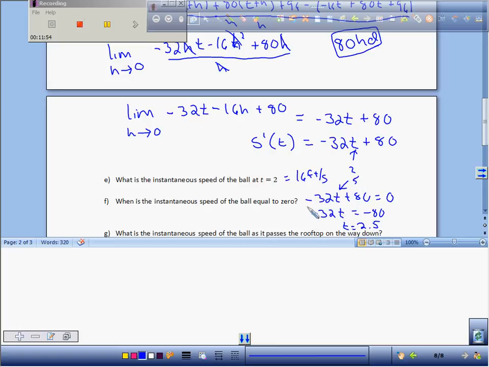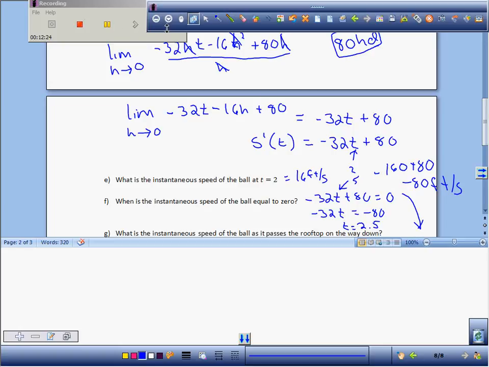And I get negative 32 times 5, which is negative 160, plus 80, which is negative 80. And you might say you can't have negative feet per second, but you can if it's going downhill. Velocity, the sign matters, okay? Speed is just the absolute value of velocity. But with velocity, if it's negative, it's coming down, okay?